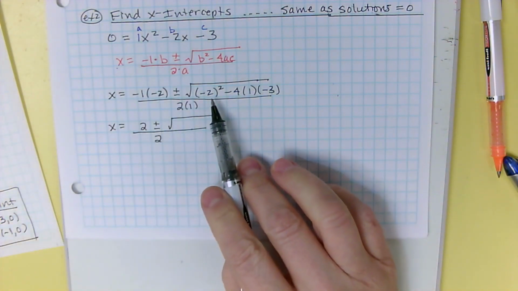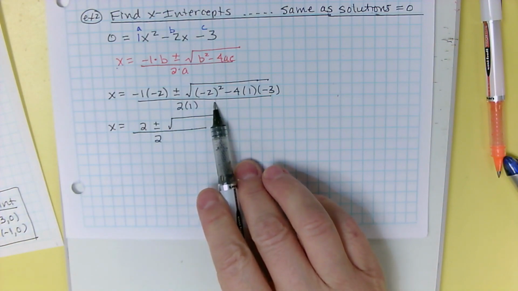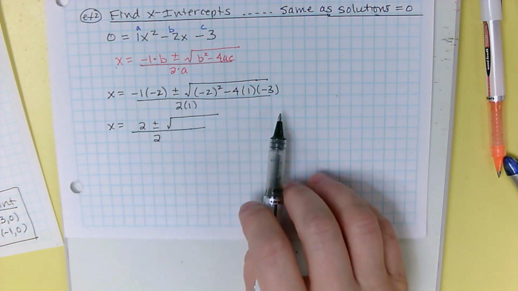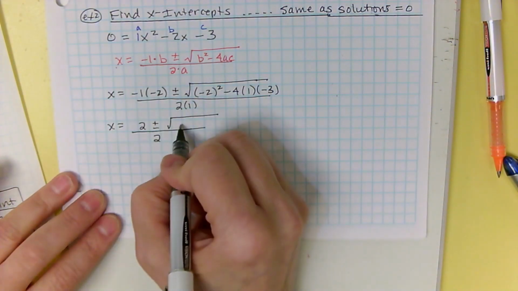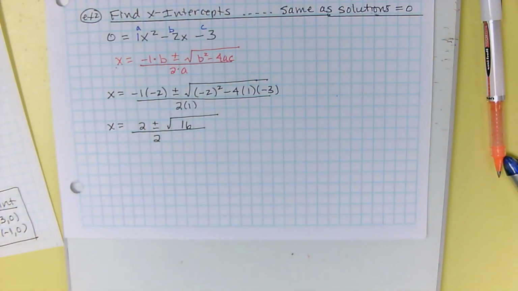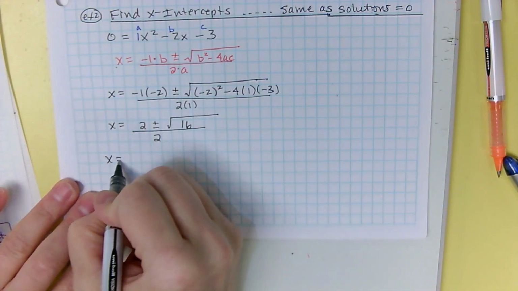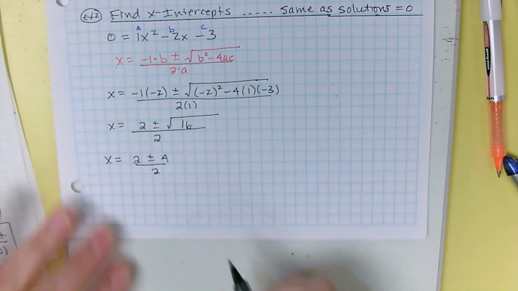Now let's look at the quadratic. -2 times -2 is +4. And I'm going to shortcut this a little bit. -4 times -3 is +12. So 4 plus 12 is 16. 16 is a perfect square. 4 comes out. I get 2 plus and minus 4 over 2.